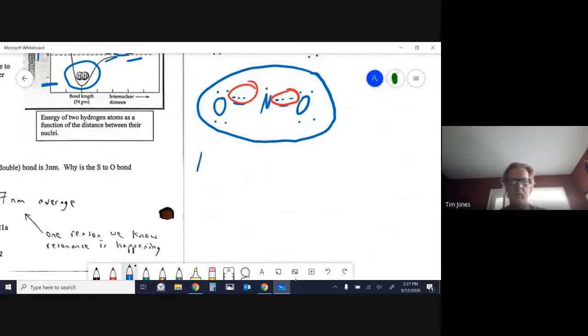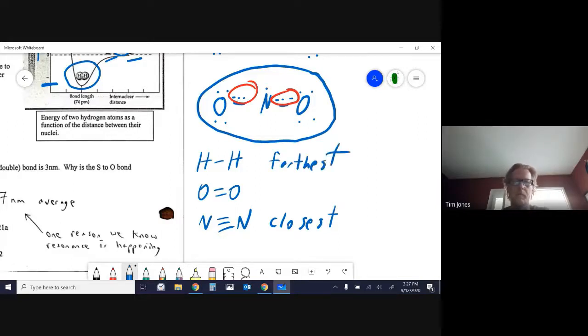If we were to compare H2, O2, and N2, I'll leave off the extra unshared electrons, you would find that in N2, the atoms are going to be closest, and in H2, they will be the farthest apart, based on the sharing of electrons in the covalent bonds.